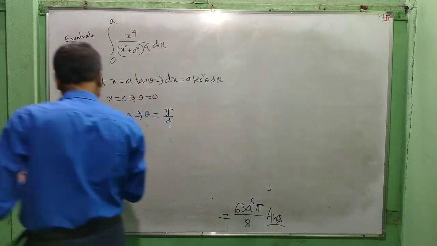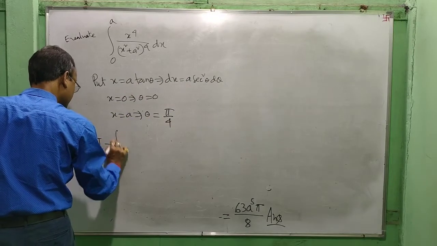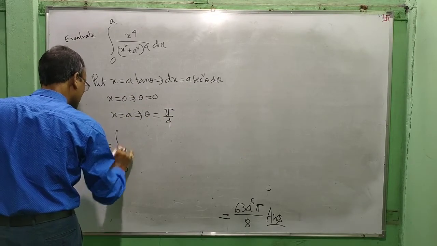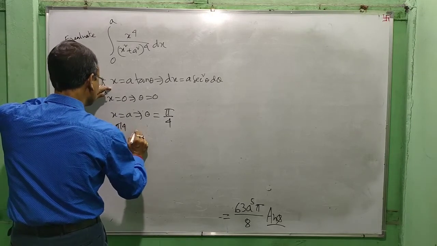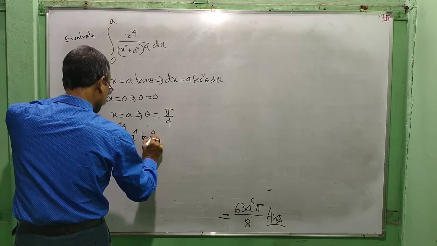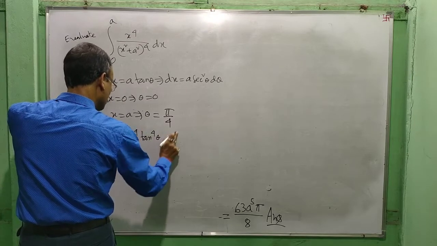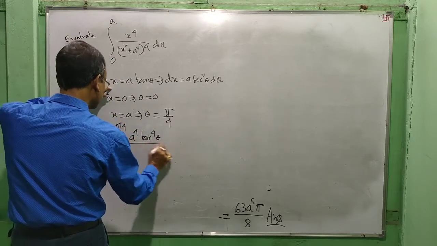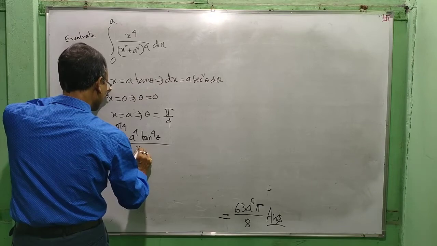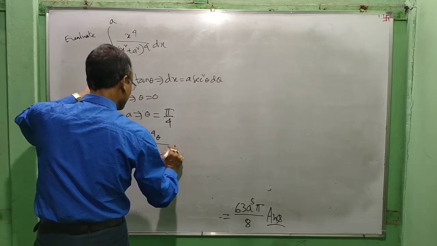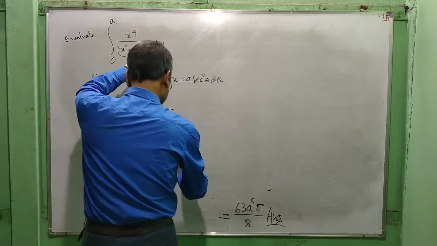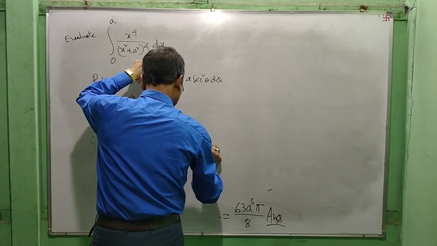Therefore, I equal to integration theta equal to 0 to pi by 4. For x, put a to the power 4 tan to the power 4 theta, divided by a square tan square theta plus a square whole to the power 4. For dx, a sec square theta d theta.